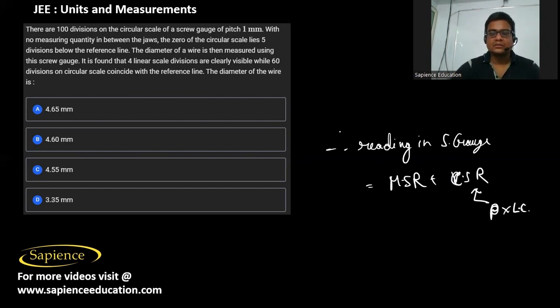Here it will be the main scale reading plus the circular scale reading. So here P is the number of divisions on the circular scale that coincides with the reference line of the screw gauge.